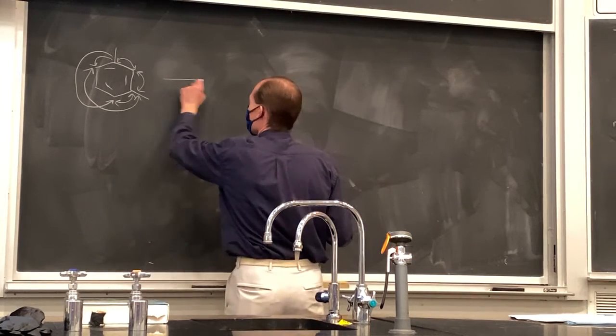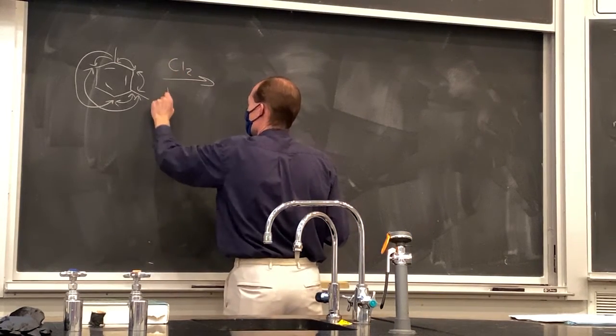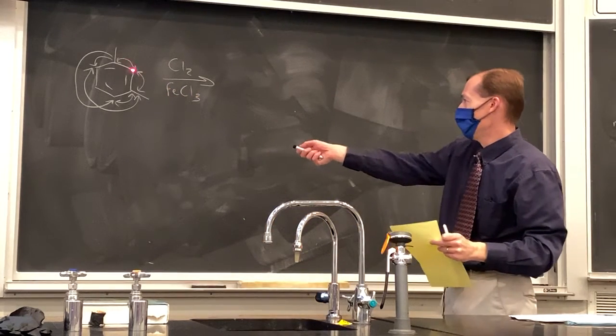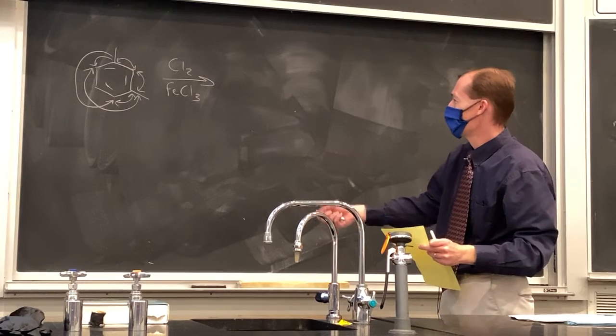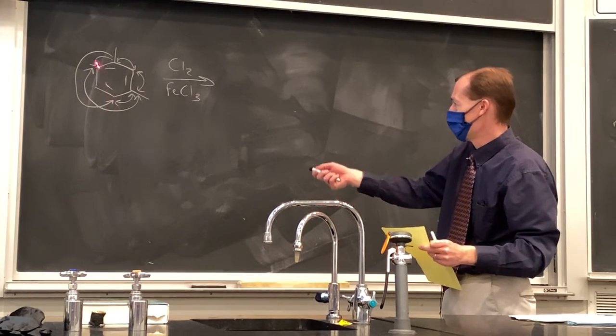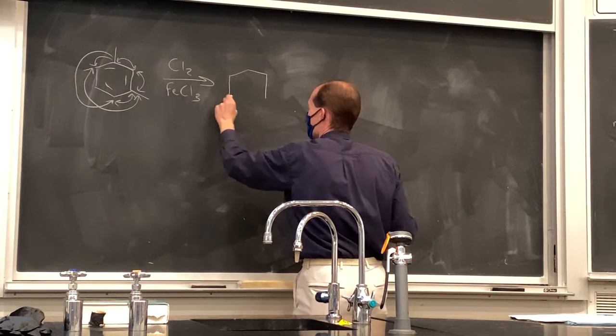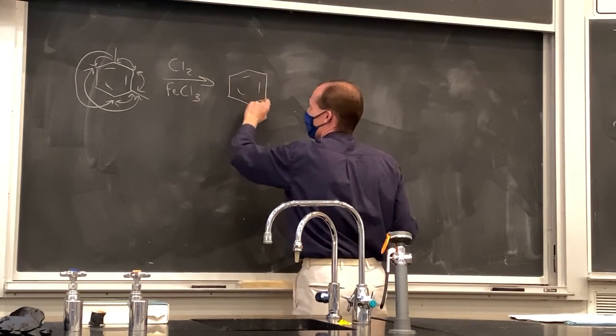So if we were going to chlorinate this compound, we could not chlorinate in between these two groups, and the other choices are equivalent to each other due to the symmetry in this molecule. So there's actually only one product that we would obtain.